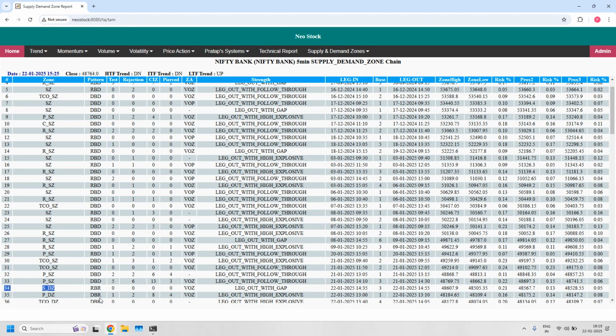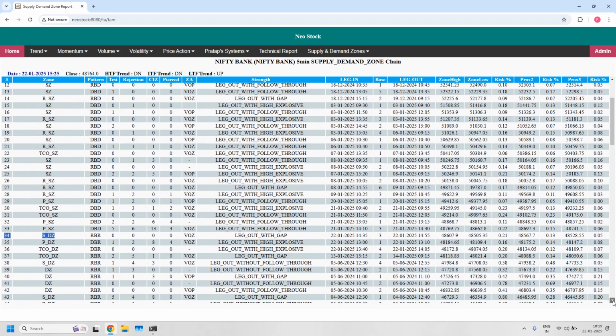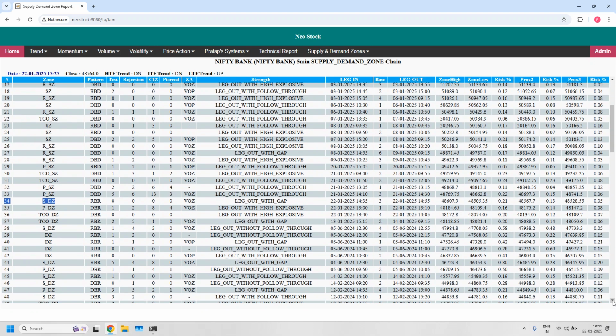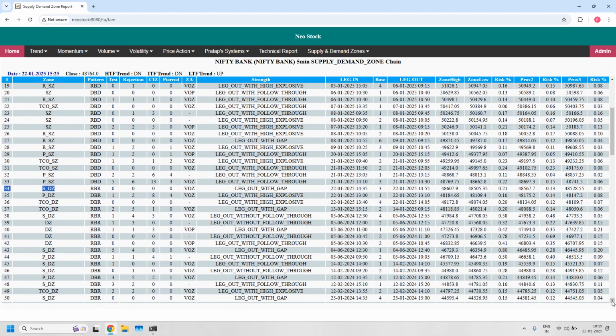This is the high liquidity demand zone. I am scrolling the list so that you can almost see equal number of demand zones and supply zones. So this is about the Bank Nifty supply demand zone chain.